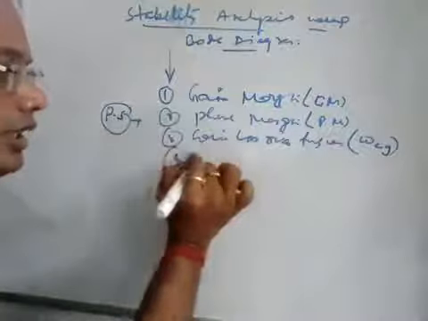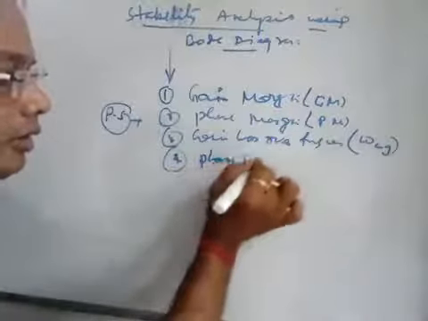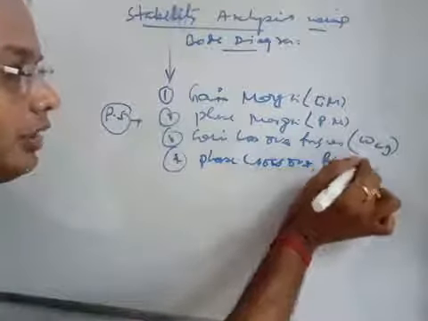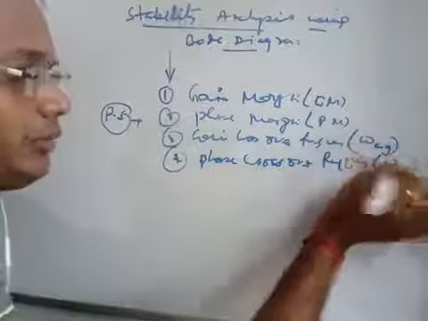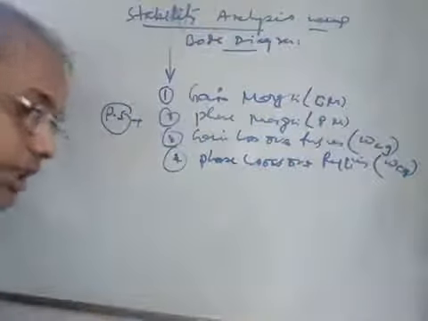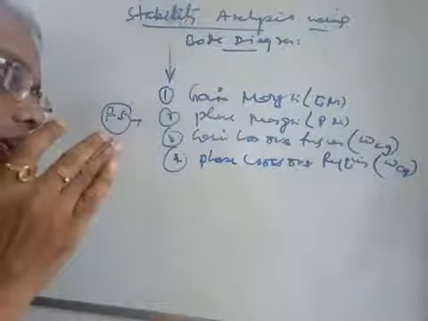Next, number 4, that is the phase crossover frequency. This is omega cp. So these are the main 4 parameters we need to understand clearly.